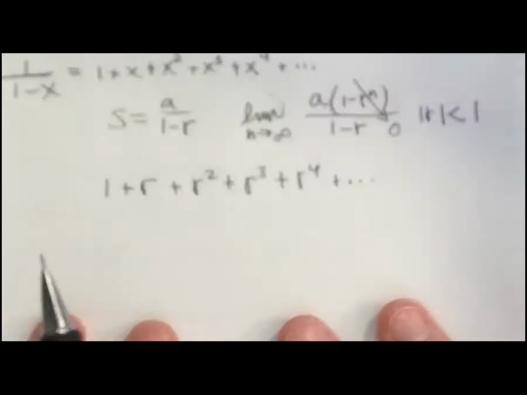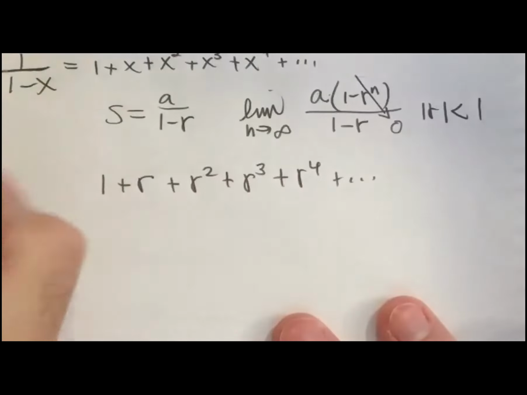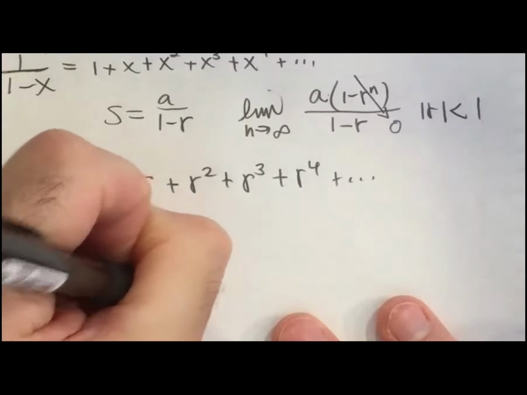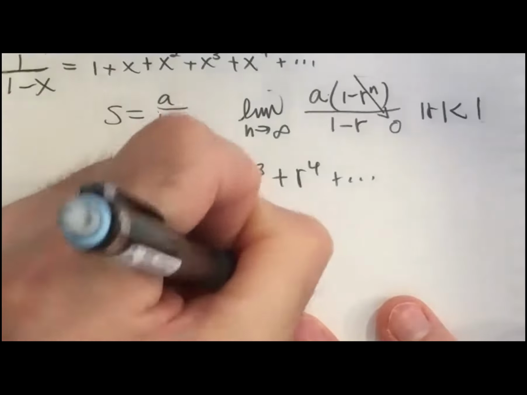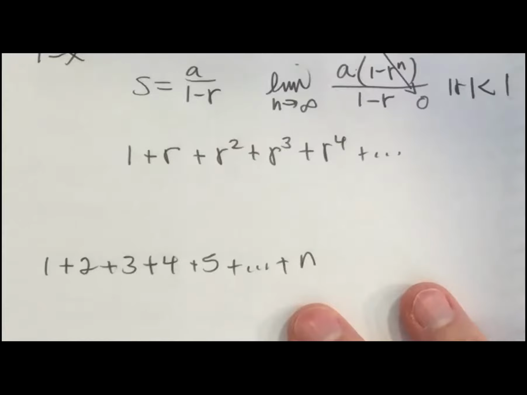There was a trick. It's a cool trick that you should remember. Do you remember how we did this trick? 1 plus 2 plus 3 plus 4 plus 5, up to n. How do we get that formula?